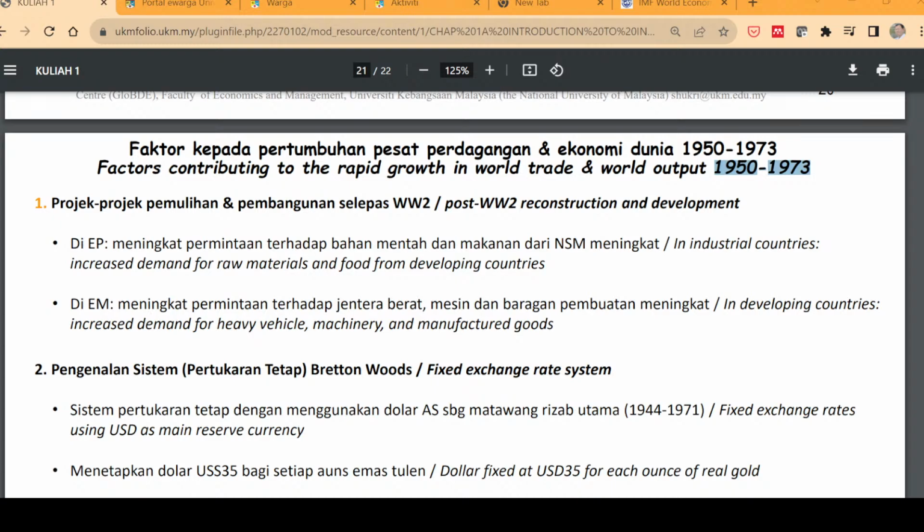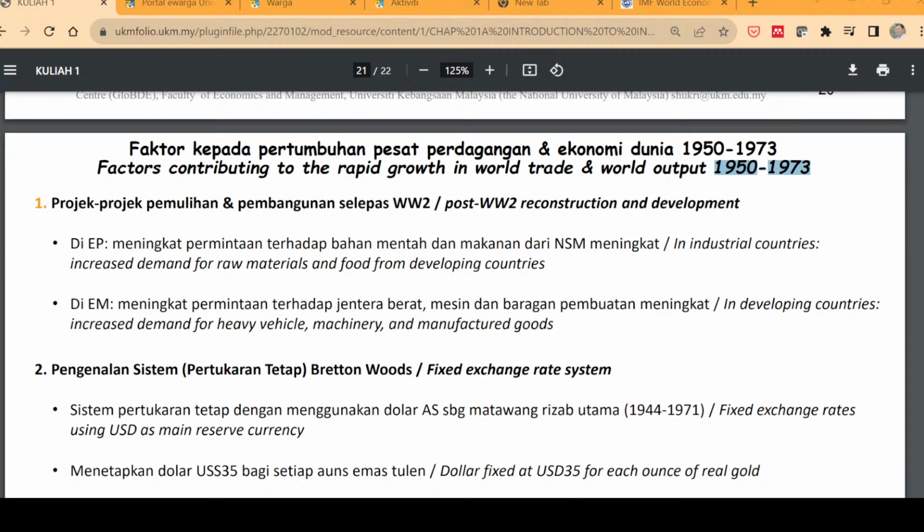So that's why they import and export. Export of heavy machinery, industrial products, and manufactured goods from developed to developing countries.